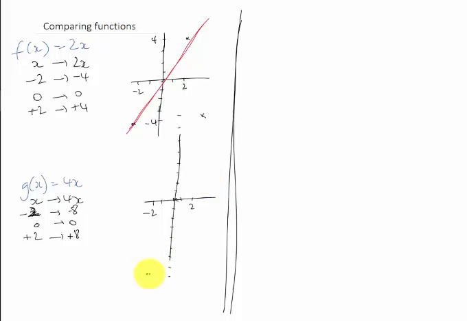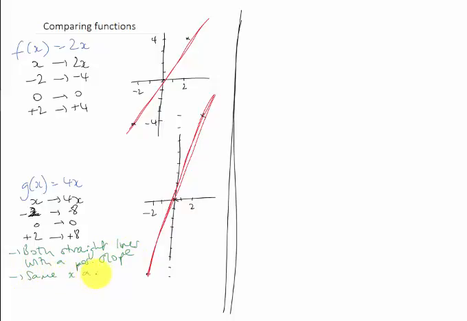So I think we can see some similarities and differences between these two graphs, between these two functions. So let's have a think. This is the kind of thing I might want you to say. So these are both straight lines with a positive slope, and they have the same x and y intercepts.